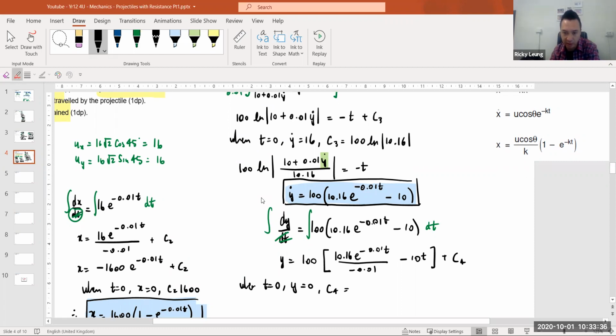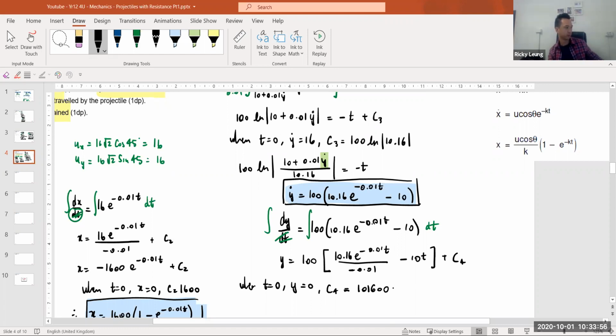So that's negative. Remember, that's also 100, so it'll be 100 squared, which is 10,000, times 10.16, which is 101,600.